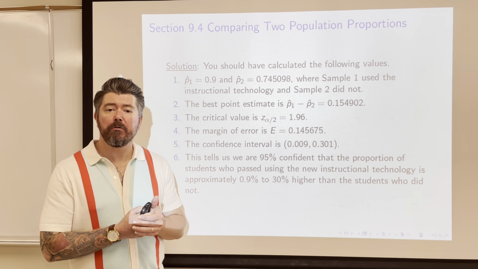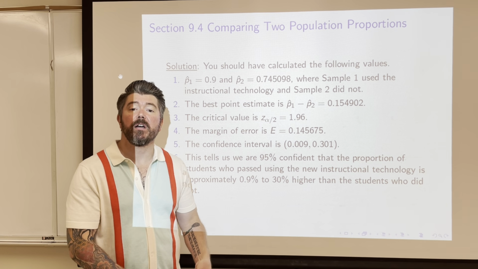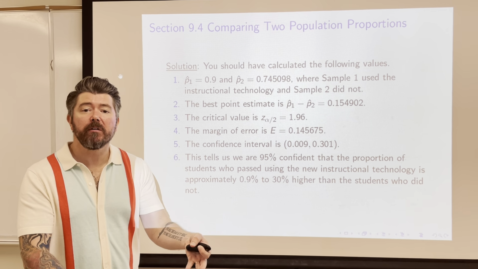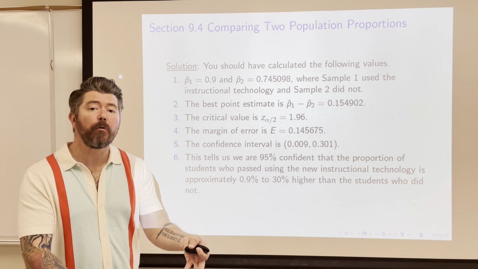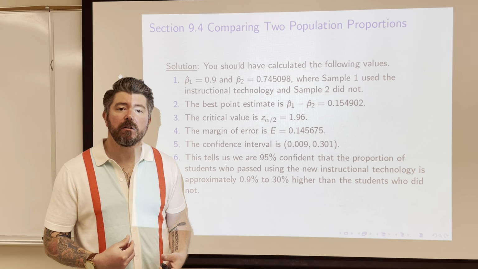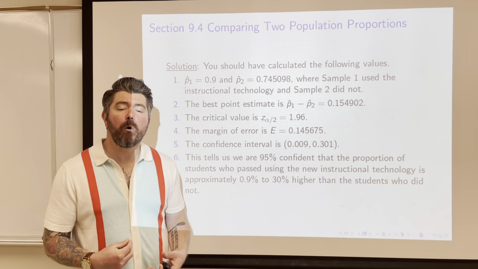Because in the homework, in 8.1, we use the 8.1 formula. 8.3, we use the 8.3 formula. 8.4, we use the 8.4 formula, and so forth. The exam is going to have all of these problems mixed around, and you're going to have to read it and ask yourself, what am I trying to estimate? What do I want a confidence interval for?